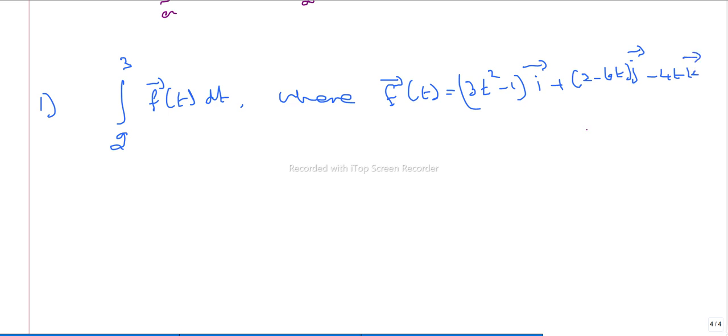You have to integrate term by term and then substitute the upper limit and lower limit, and you will get the answer.